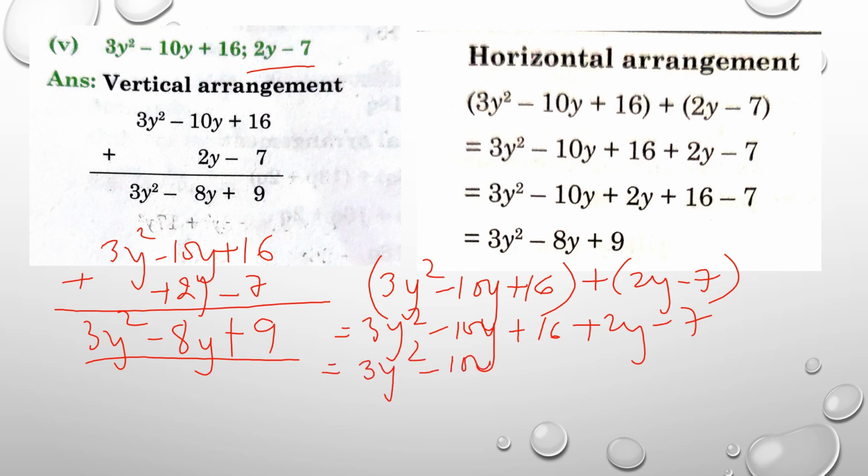So here 10y is there, here 2y is there. Take it together. 3y square, now minus 10 plus 2. Minus 10 and plus 2 will be what? Minus 8y. Plus 16 minus 7 is what? Plus 9. So this is your answer.